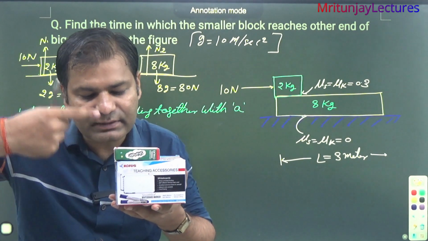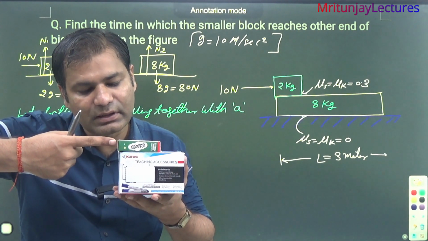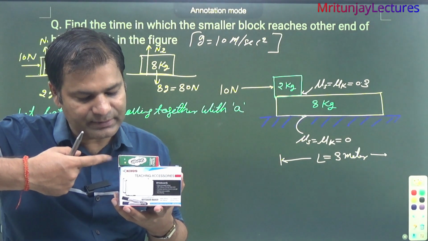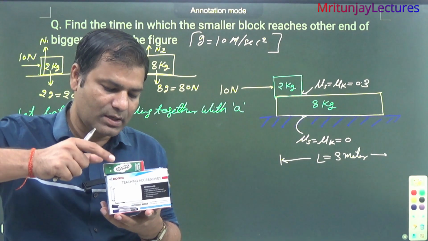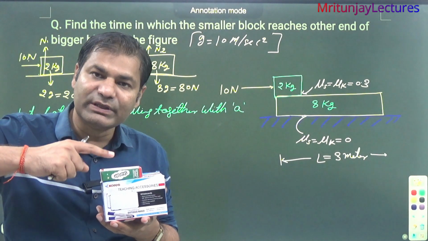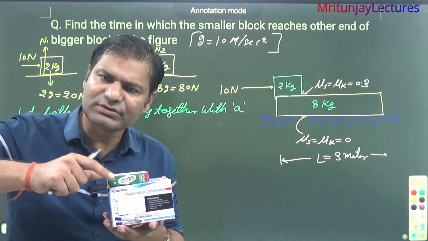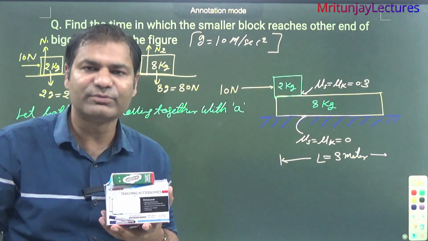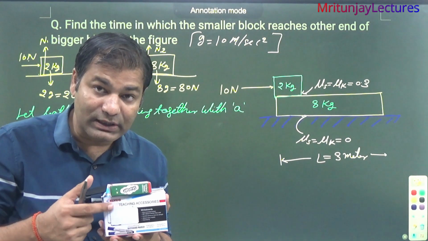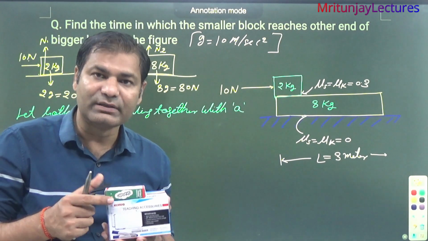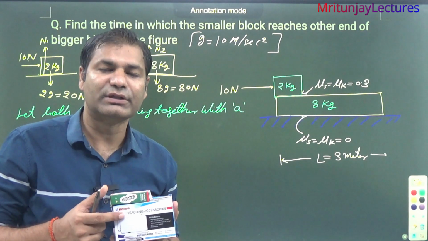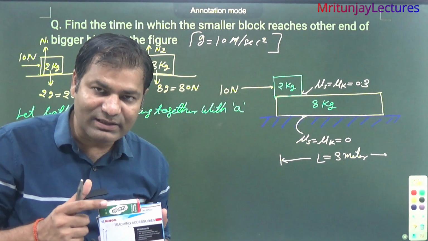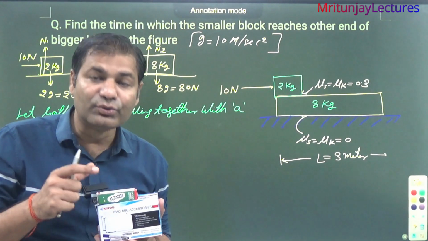We apply force here, clear? Listen very carefully. So this one is moving. If you apply force here, this block moves corresponding to that one. But why is that block moving, if you consider both are moving in the same direction with the same acceleration? Why is this block also moving? Because of friction.